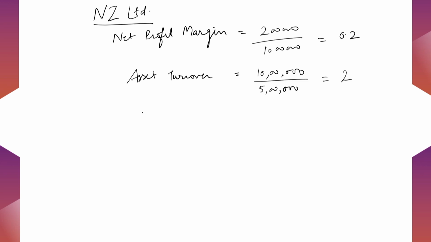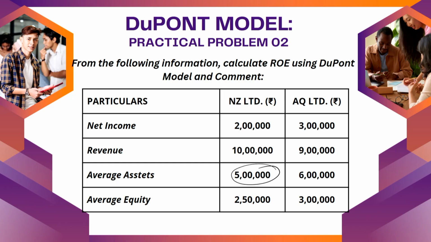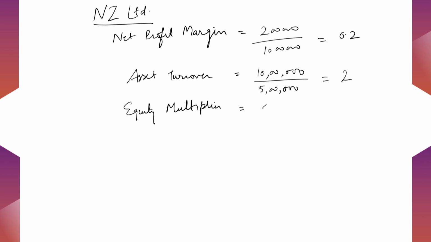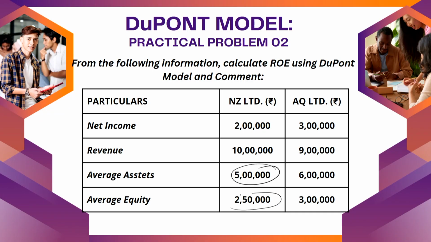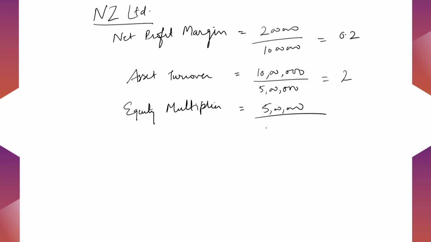Then third is the equity multiplier, for which we use average assets 5 lakh divided by the average equity given in the question, which is 2,50,000 for NZ Limited.